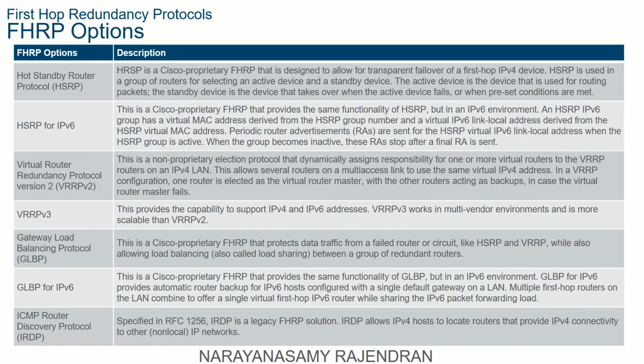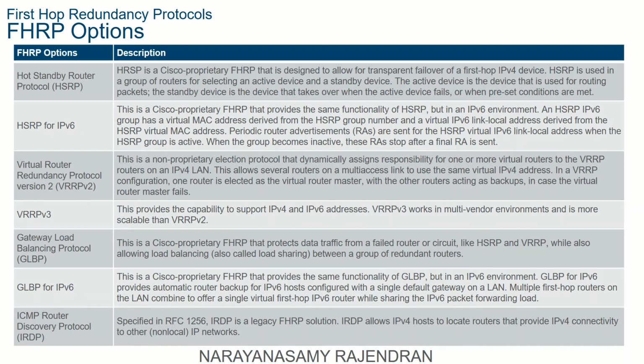A VRRP router is configured to run the VRRP protocol in conjunction with one or more other routers attached to the LAN. In a VRRP configuration, one router is selected as the virtual router master, with the other routers acting as backups. In case the virtual router master fails, the backup router will take care of the routing process.